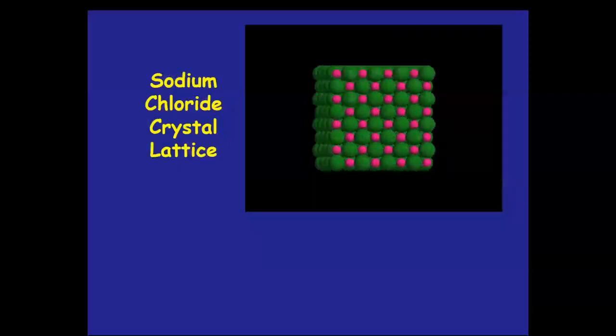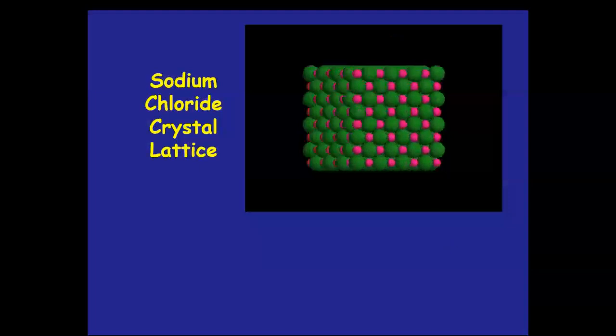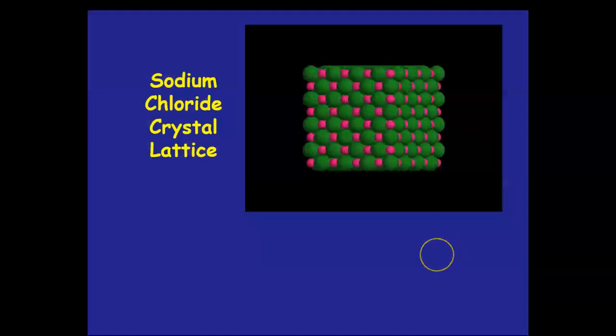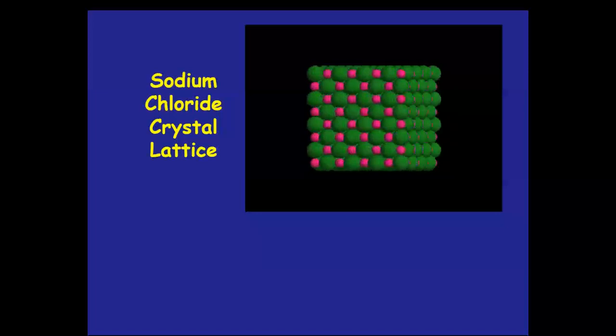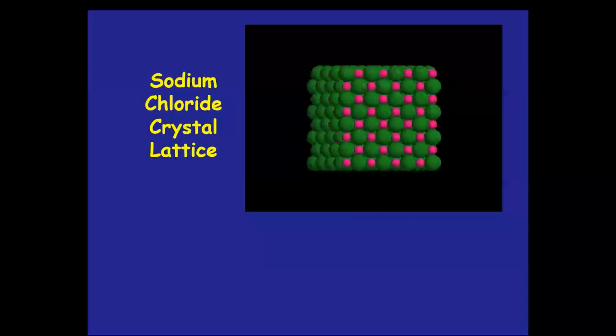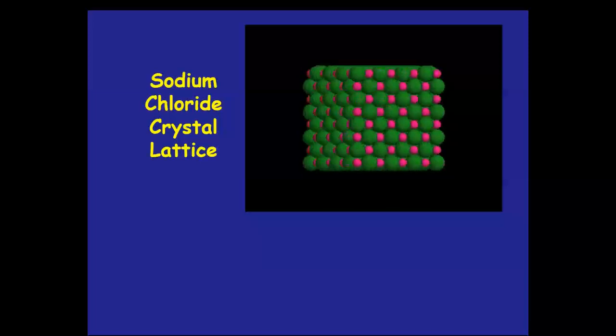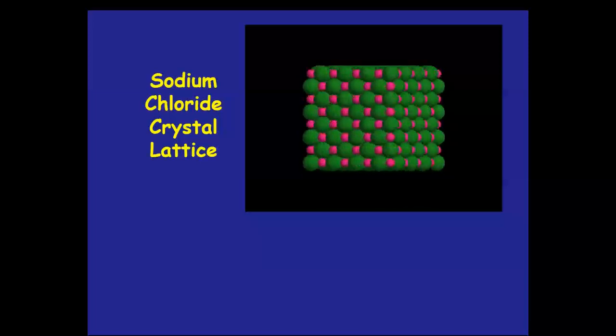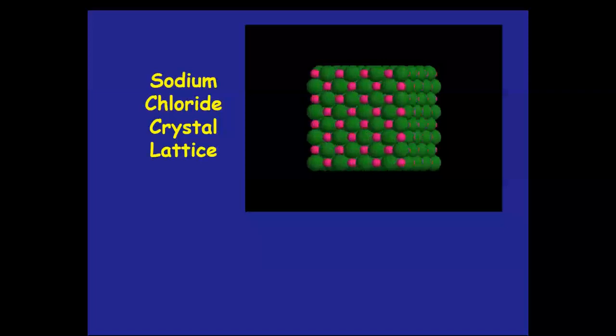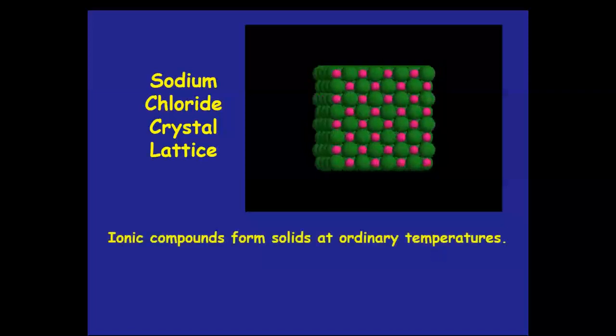Here is a picture of a sodium chloride crystal lattice, animated, and you can see that since it's NaCl, the sodium ions, which are small and in pink, are much smaller than the chloride, and they fit interstitially between the chloride ions in the crystal.